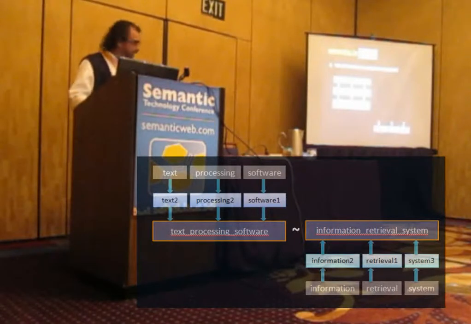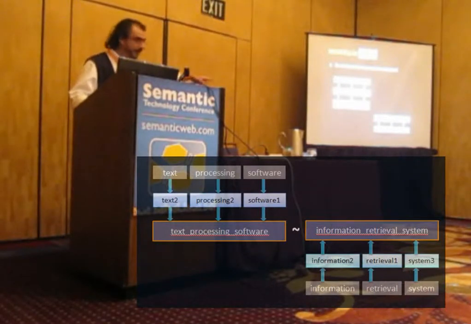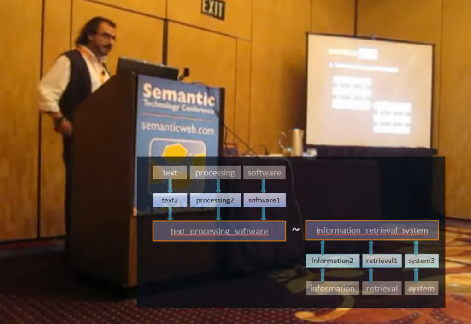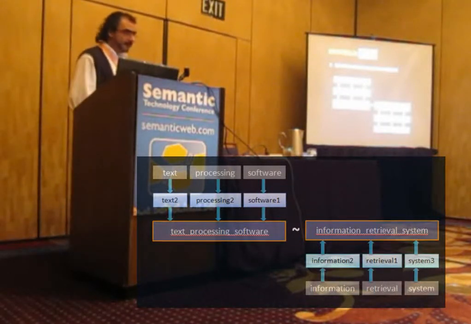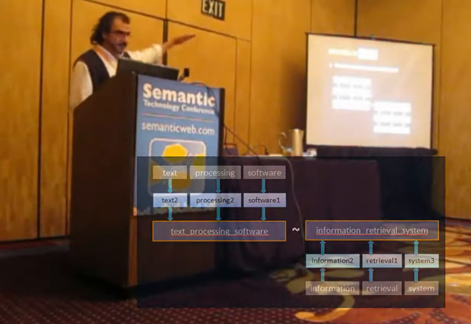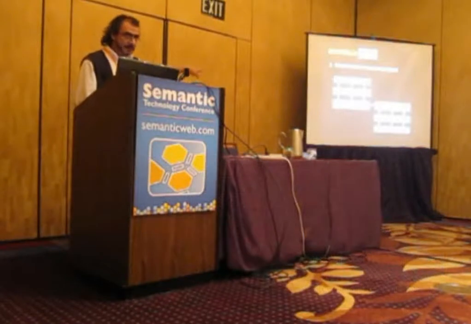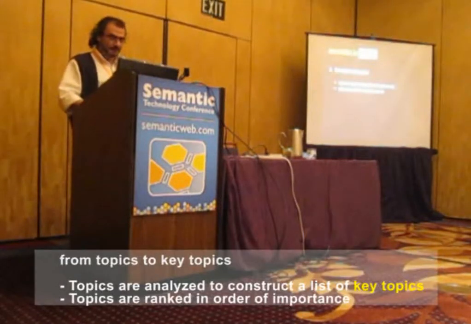On the other hand, I might have information retrieval system. Again, I figure out the right meaning of information, the right meaning of retrieval, and the right meaning of system. And now I have a topic, a compound concept called information retrieval system. Now I can match these 2 topics that are obviously relevant. If you don't go through these levels, these 2 phrases are not connected in any way.